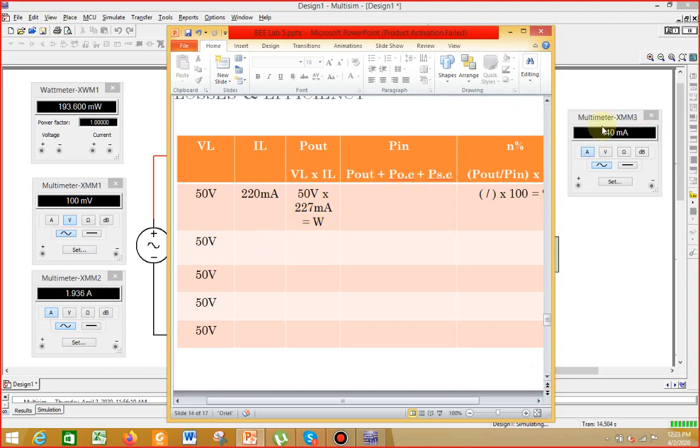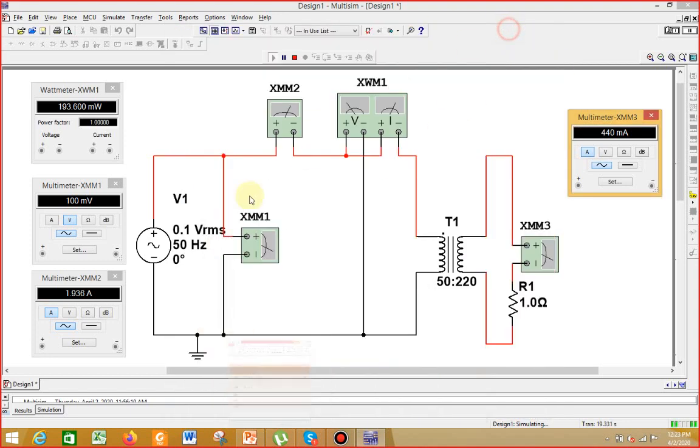And note down these values of the secondary side to the efficiency table. Okay, then also increase the voltage again.